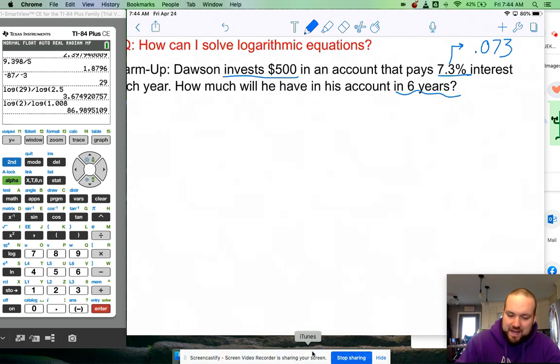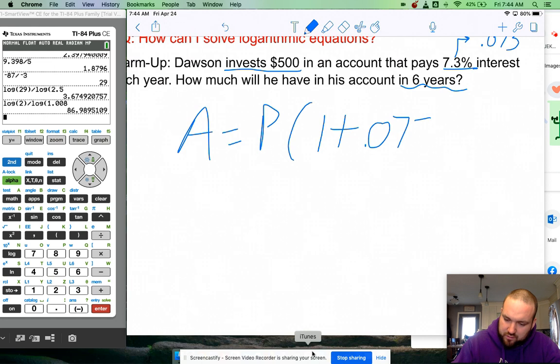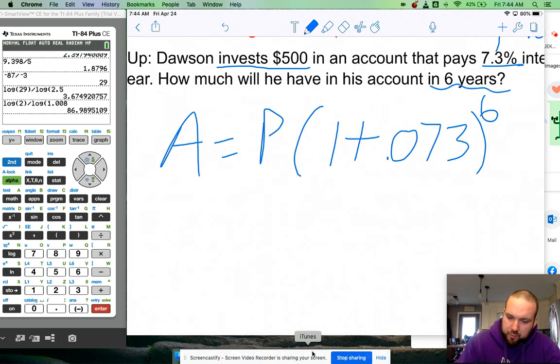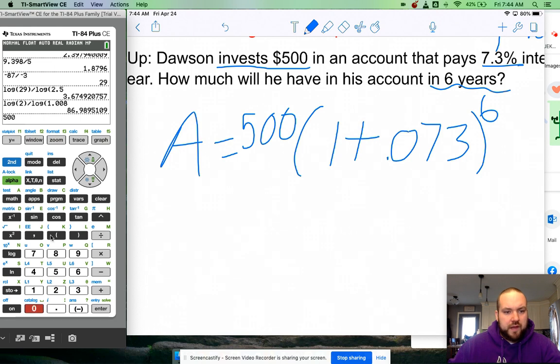So there's our time. We have A equals P times 1 plus 0.073 to the 6th power. I don't know why I put P, because we know the initial value is 500. Now we can type it in: 500 times 1 plus 0.073 to the 6th.